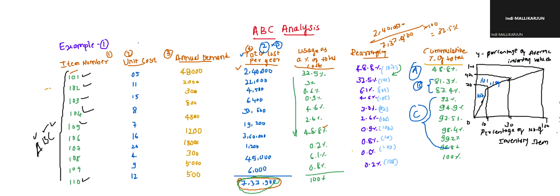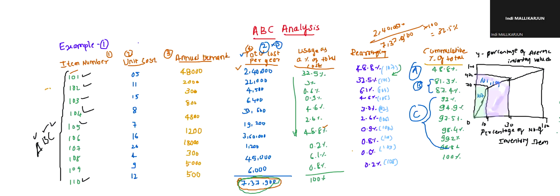This is how you have to classify the data, meaning the materials, as material A, classification of A, classification of B, and C. ABC means what? Always better control.